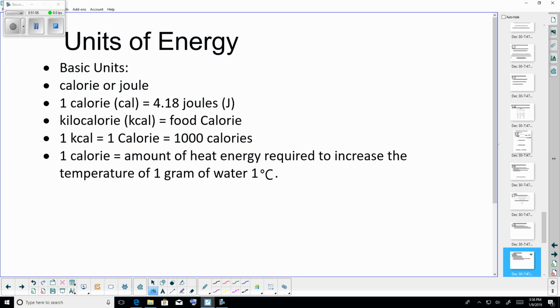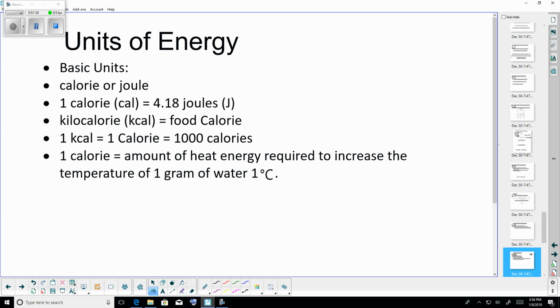The basic unit of energy is the calorie or the joule. 1 calorie is 4.18 joules. So there's a conversion factor right there. So you can change calories to joules and joules to calories. A kilocalorie, there's 1,000 calories in a kilocalorie. It's also what's called a food calorie.